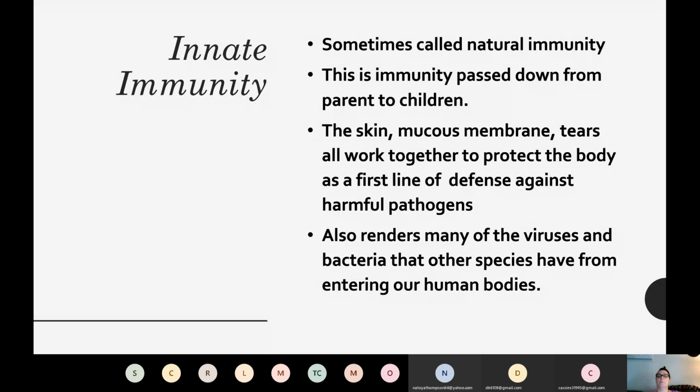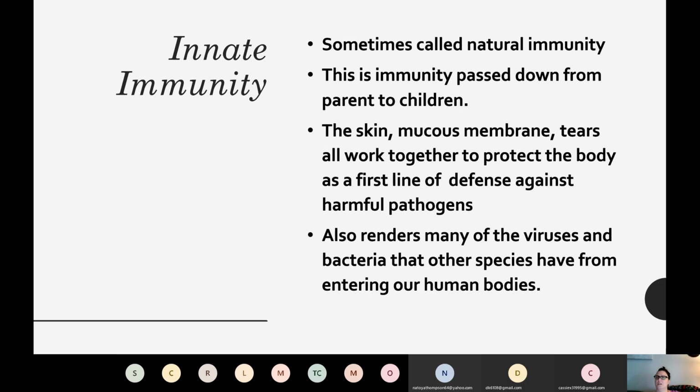So here, let's explain. Innate, sometimes we call this our natural, and it's, like I said, the parent to child, and skin, mucous membranes, tears, that kind of thing. It can also prevent many of the viruses and bacteria from entering into our bodies.